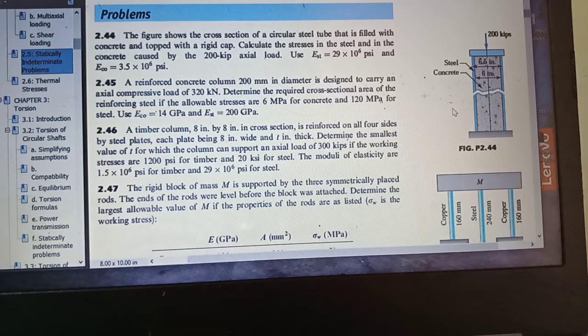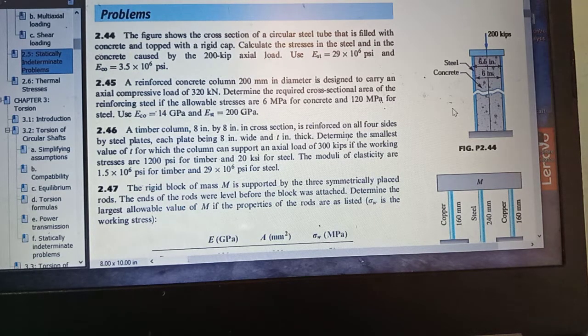Use E_st equal to 29 times 10 to the 6 psi and E_co equal to 3.5 times 10 to the 6 psi. Here is the figure. E_st is the modulus of elasticity of steel and E_co is the modulus of elasticity of concrete.